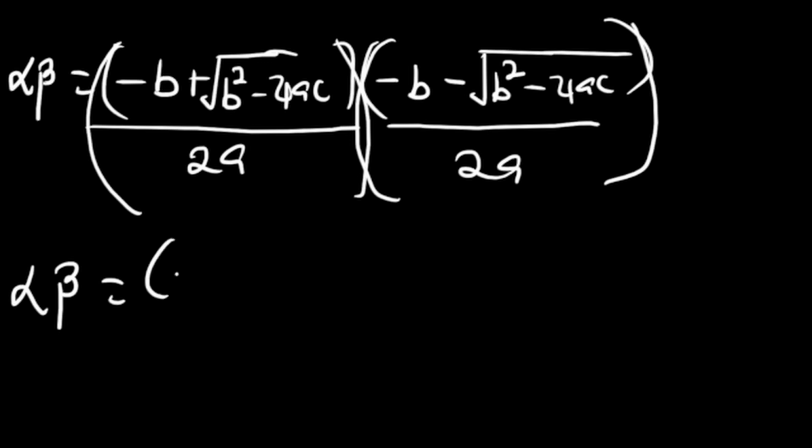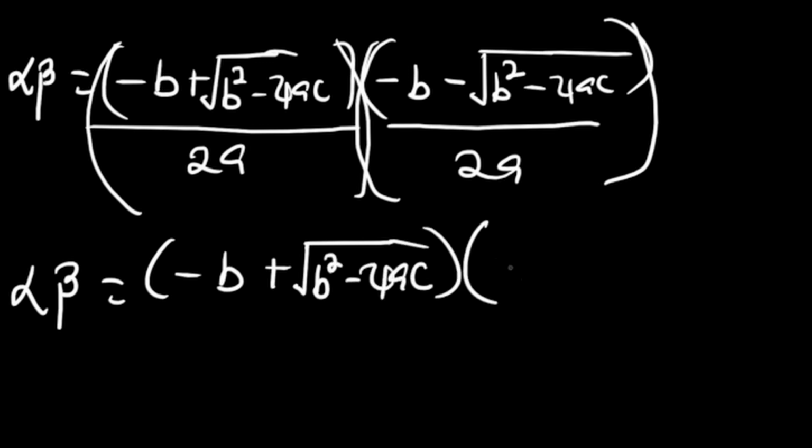Here we have negative b plus the square root of b squared minus 4ac, and then this is multiplying the beta, which is negative b minus the square root of b squared minus 4ac.